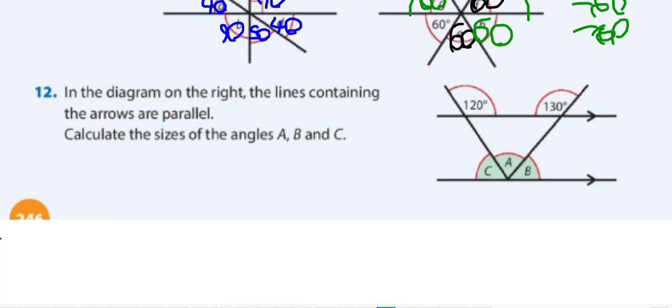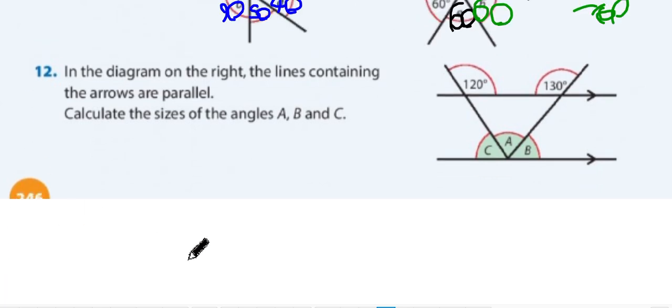Alright guys, hopefully these are getting a bit on the easy side now. Alright, here we go. Would everybody be happy that this angle's 60? This angle's 100 and? This angle's also? This angle's 130, which means 50, which means 50. Any Z's or backward Z's?